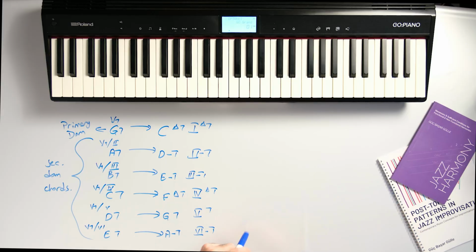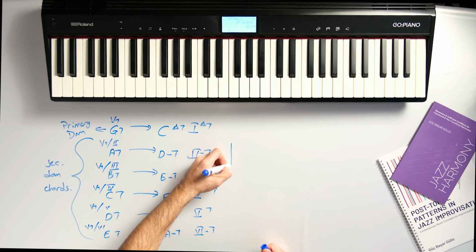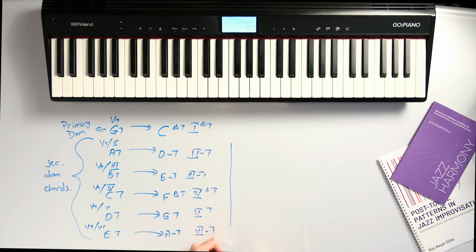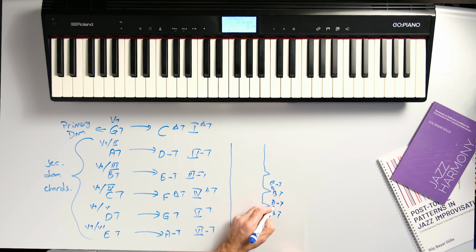That's why we call this tonicization. In terms of graphic, when we have the diatonic chords, our structure sounds like a very straight route. But when we have secondary dominants, we have little tonicization points. Like A dominant 7 to D minor 7, B dominant to E minor 7. This is our resolution point.